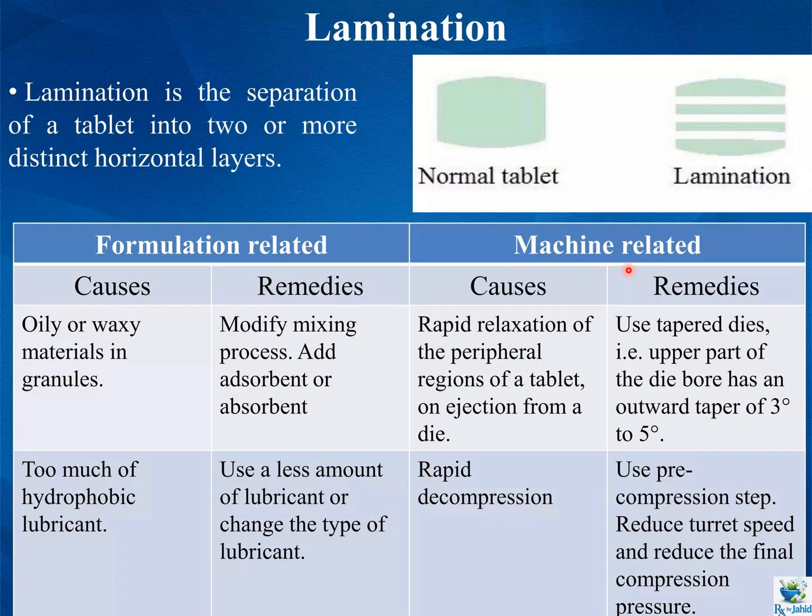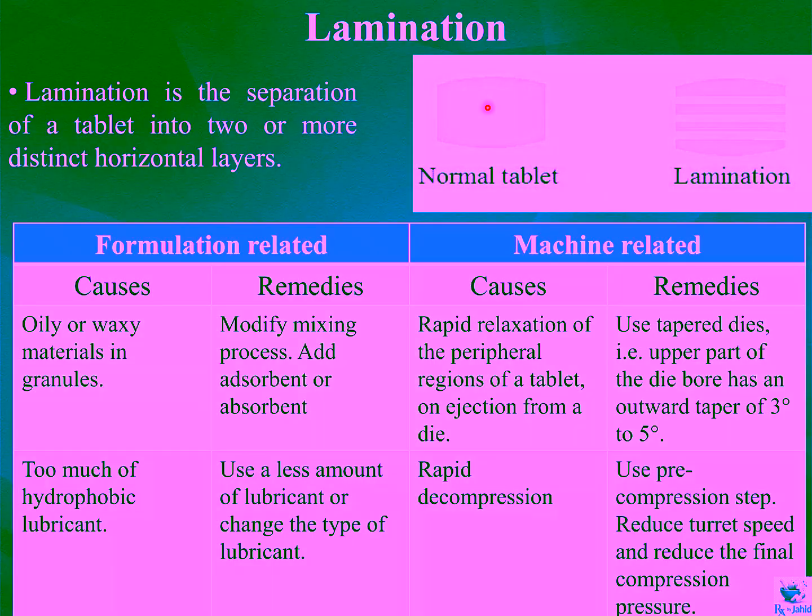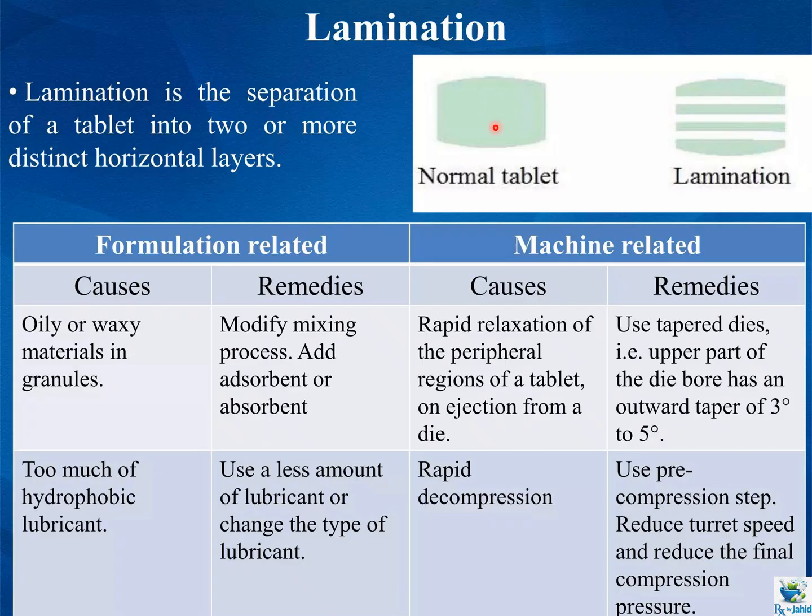The machine related causes are rapid relaxation of the peripheral region of a tablet on ejection from a die and rapid decompression. So during the rapid decompression or rapid relaxation, what happens? After compression, the tablet is consolidated into a compact material.